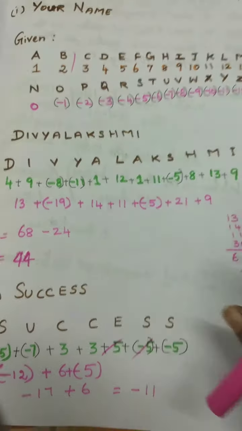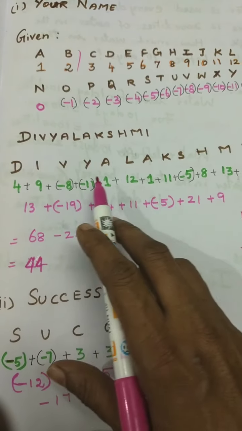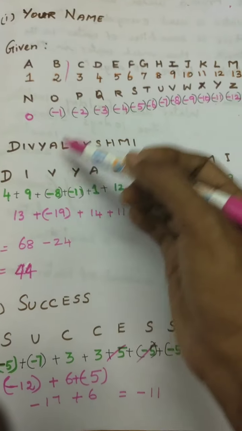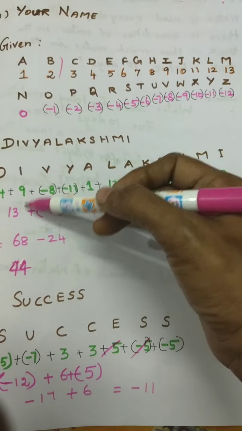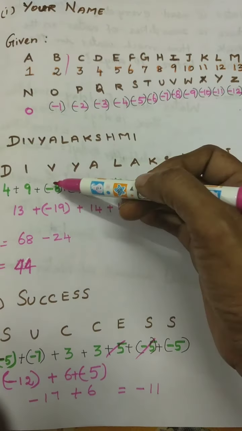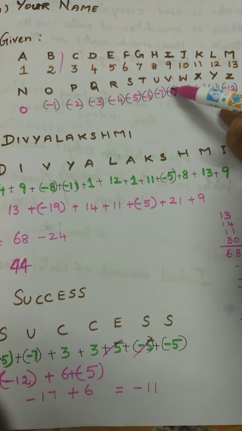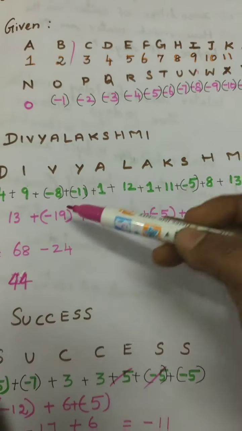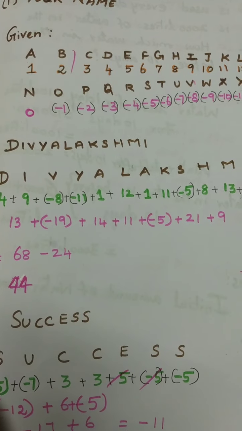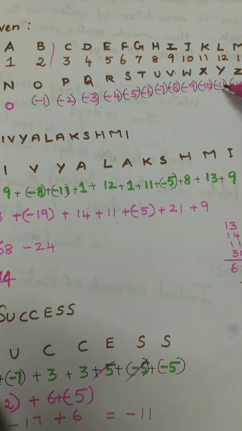Okay, now I am writing one name. You have to write your name. Okay, Divyalakshmi. For D it is 4. Then I it is 9. Okay. Then V it is minus 8. Okay. Then Y, for Y it is minus 11.